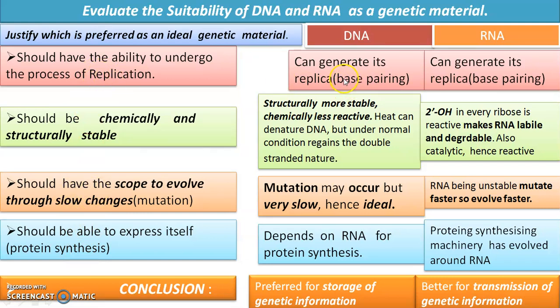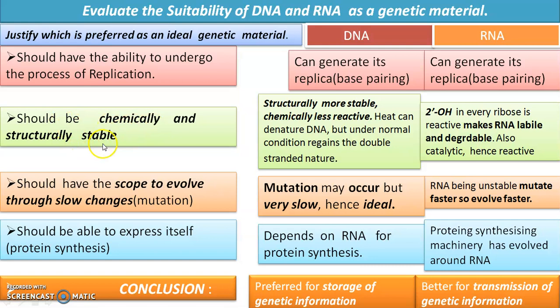Yes, DNA can replicate. RNA as such, only viral RNA can replicate, but the feature of replication is stronger in DNA. It has it as a main feature. Of course, some RNA like the viral RNA replicates, but as the feature is there in both, we don't consider this as a very ideal point, though replication is a very important process to be a genetic material.